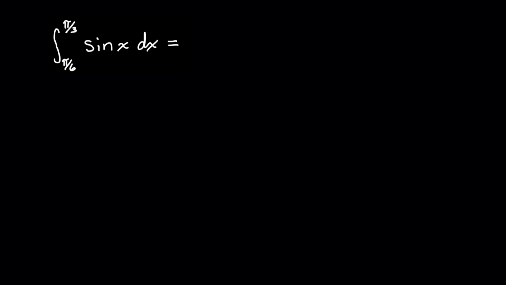All right, and the last one we're going to work through here, delta x in this case is going to be upper limit minus lower limit divided by n. Well, we can simplify this a little bit. This would be 2 pi over 6 minus pi over 6, which would give us pi over 6 over n, which is pi over 6n.